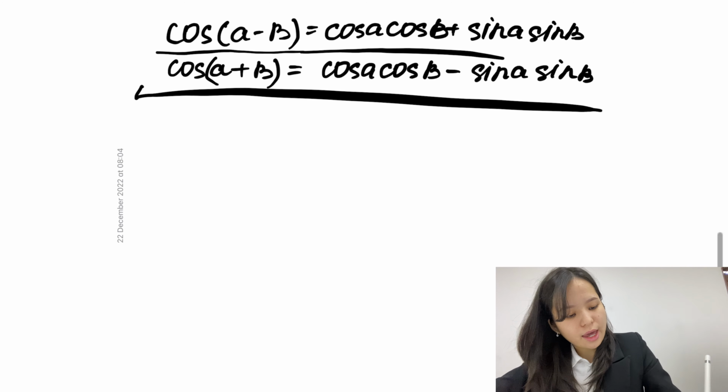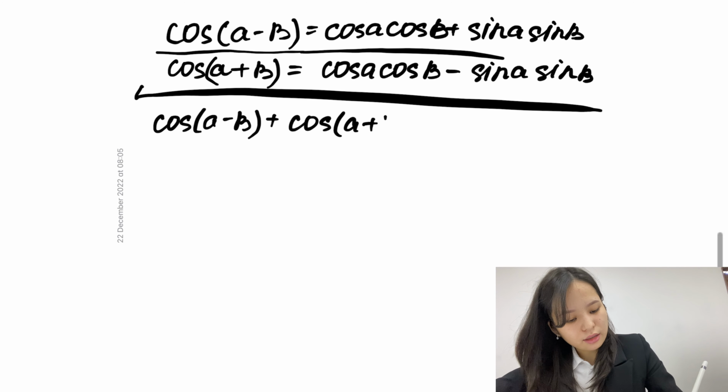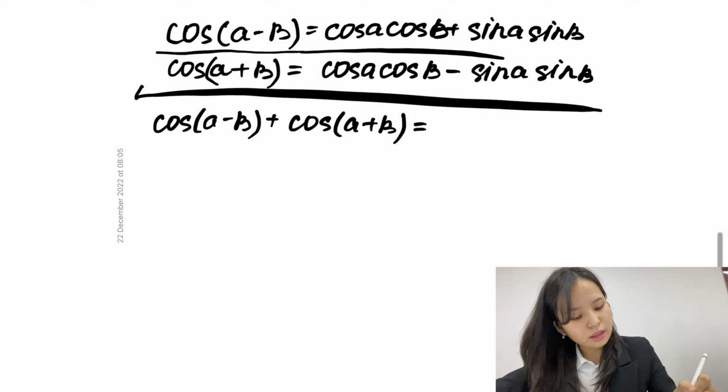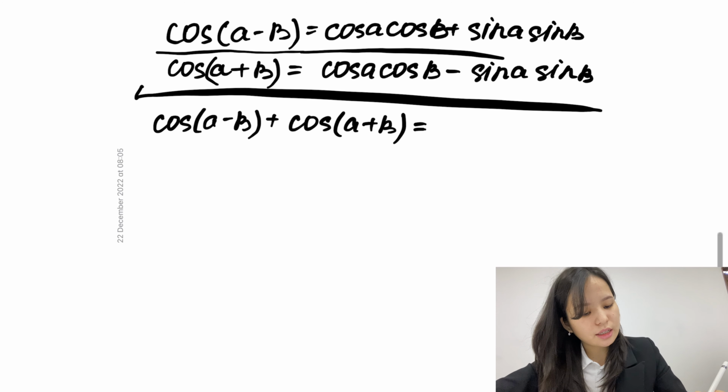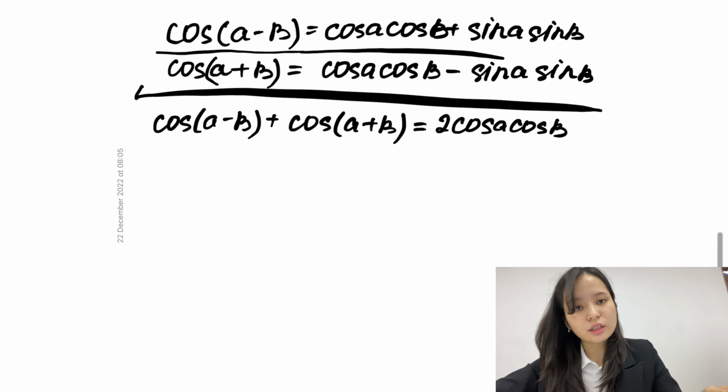If we add these formulas, we get cosine A minus B plus cosine A plus B is equal to cosine A cosine B plus cosine A cosine B, which is 2 cosine A cosine B. And sine A sine B minus sine A sine B is equal to 0. Then we divide by 2 to isolate the product of cosines.